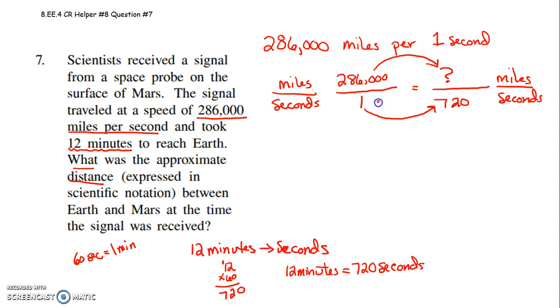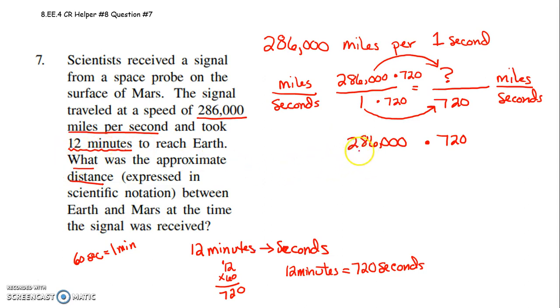So now I say, okay, I'm going here to here, and then there to there. 1 times 720 is 720. So I have to multiply my numerator by 720. So that's 286,000 times 720 will tell me the distance, how many miles between the Earth and Mars in 12 minutes.